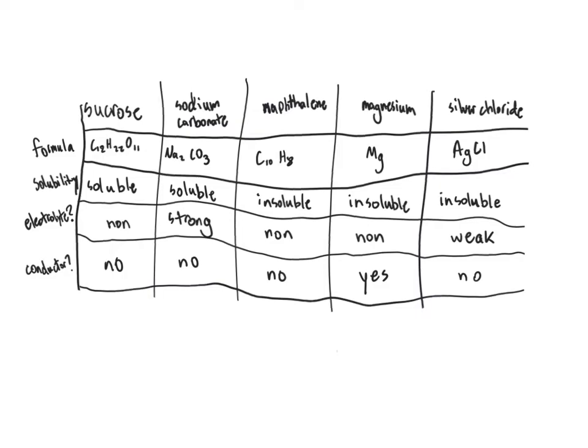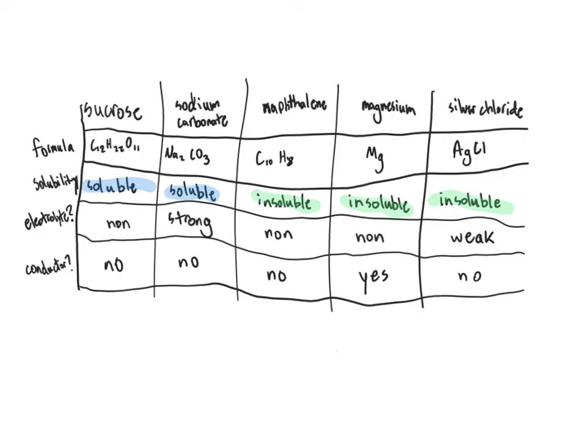The ones that are blue are soluble, and the ones that are green are insoluble. This basically halves our list already, even though it's uneven. That means that if it's soluble, it's either sucrose or sodium carbonate, and if it's insoluble, it's one of the other three.